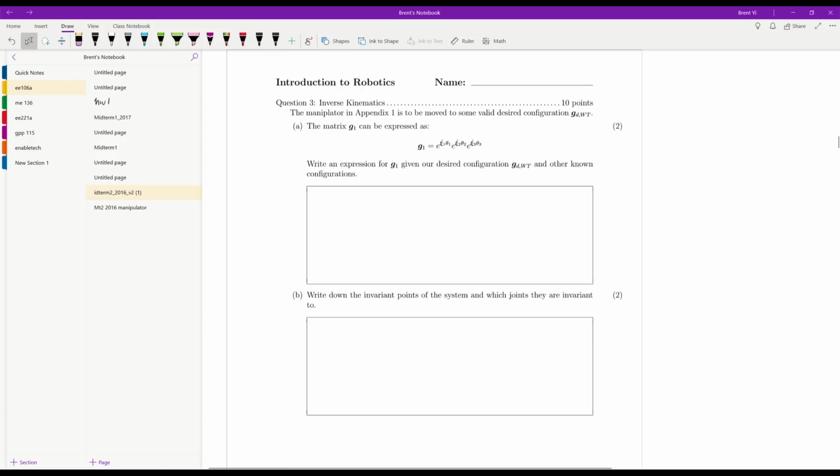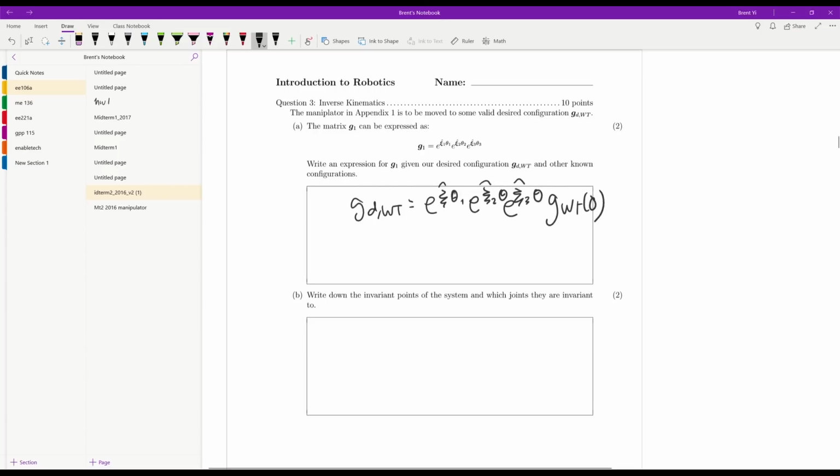Okay, now let's look at question 3, which is on inverse kinematics. So the first part of it wants us to find G1 as a function of our desired configuration GD, WT, and any other known configurations. So this should be pretty straightforward. We know that GD, WT is equal to the exponential mapping of each of the joints times the initial configuration, right?